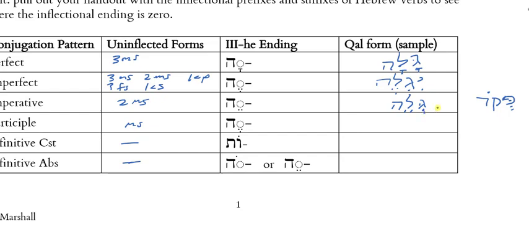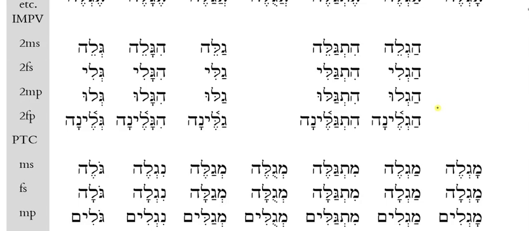Let's see how consistent this is throughout the stem. Down in the paradigm section, you see that the imperative 2ms form is the only uninflected form. And look, in every case, it's sere hey. In the Qal, Niphal, sere hey. The Piel, sere hey. Remember, the Pual has no imperative, and the Hophal has no imperative.